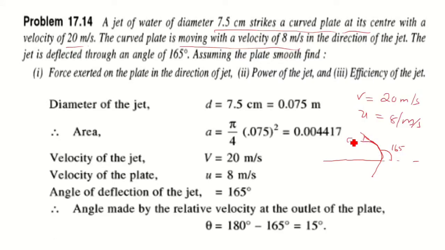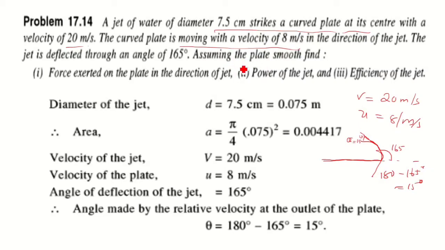So theta is equal to 15 degrees. So the jet is coming in this direction and gets deflected through 165 degrees, so this theta becomes 180 minus 165, equals 15 degrees.